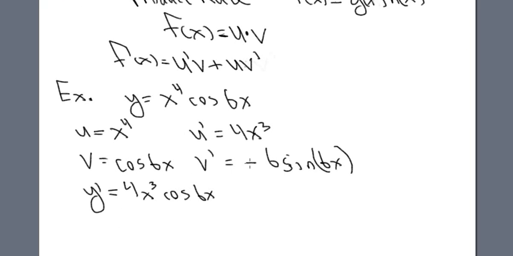Now it's u v prime, so minus 6 x to the fourth. Just trying to put it in order so I can save myself a simplification step. Sine 6x, and that's it. So separate it into two components, find the derivatives of each respective component, and then u prime v plus u v prime. So that's it. Let's take a look at another.